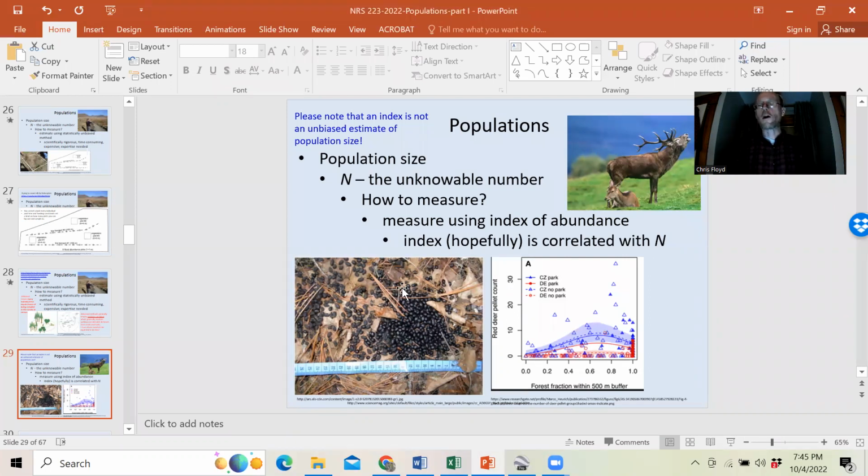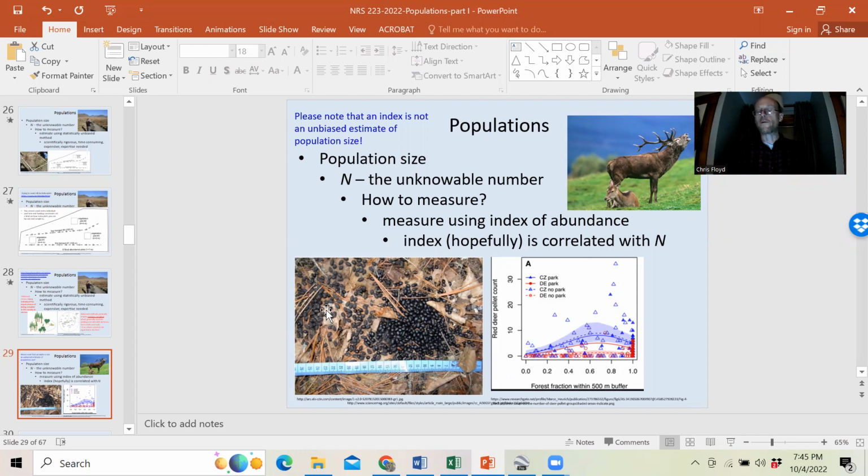You obviously can't estimate real population size that way. However, if you walk the same transects the same way every time and you follow the pellet index survey method every time, then if the population of that ungulate happens to be increasing over the years, you should have a reliable, consistent increase in the number of scat piles, pellet piles.